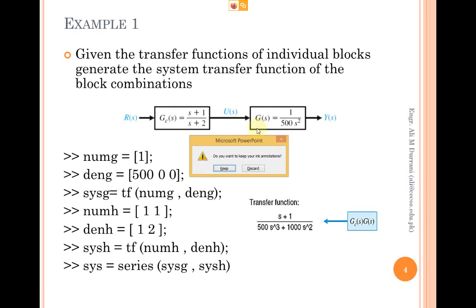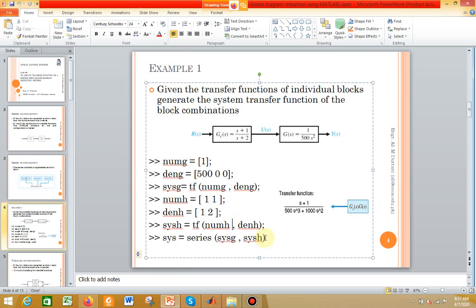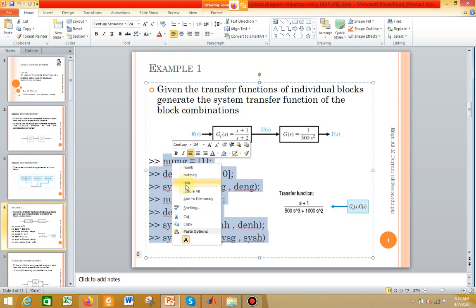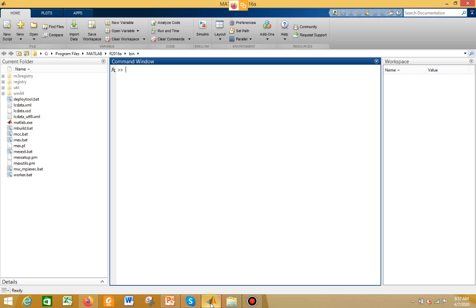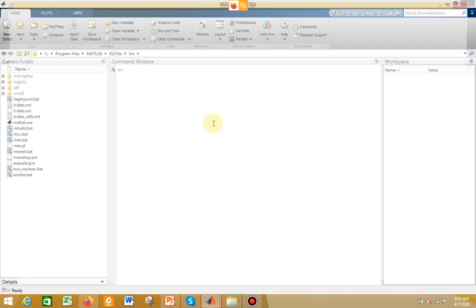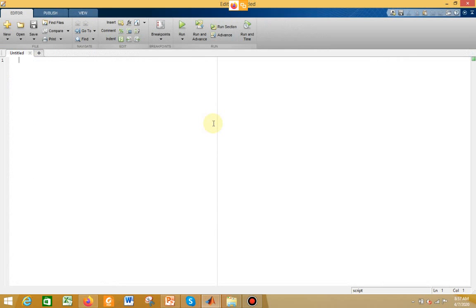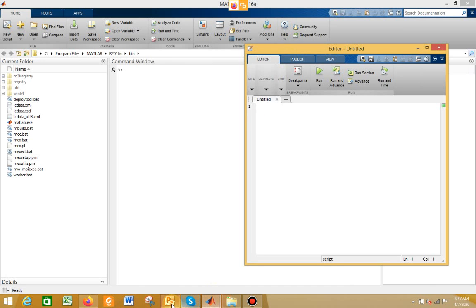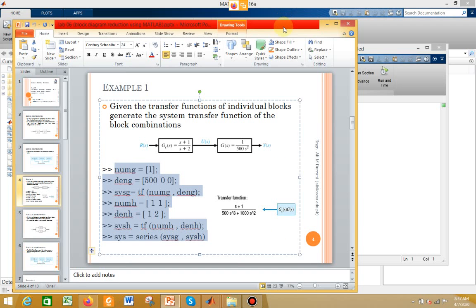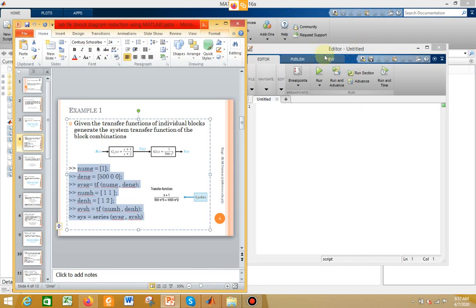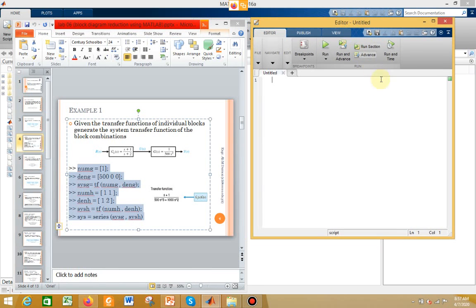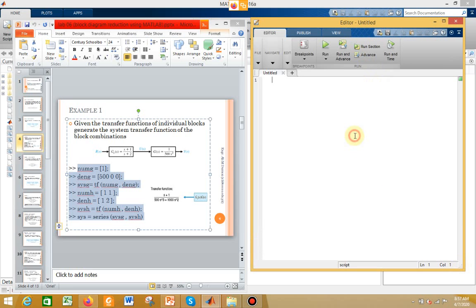So let us try this on MATLAB. I have opened a new editor file, which is actually a new M file, and I am going to define all of these.